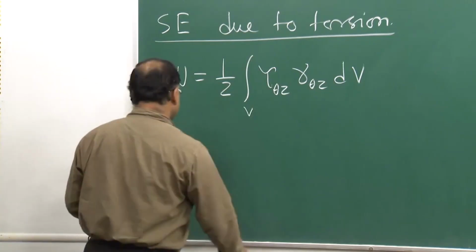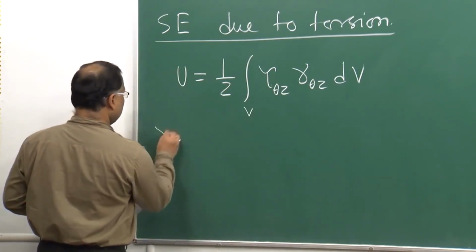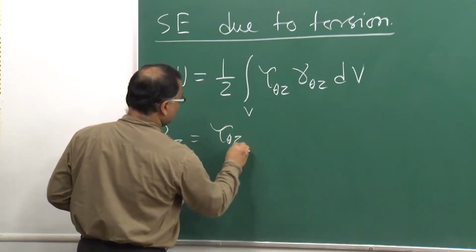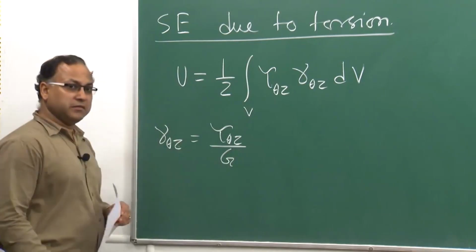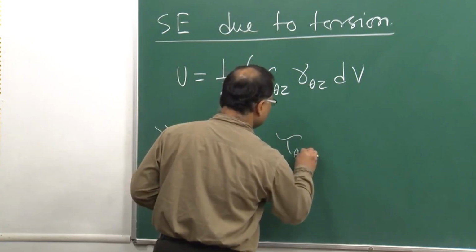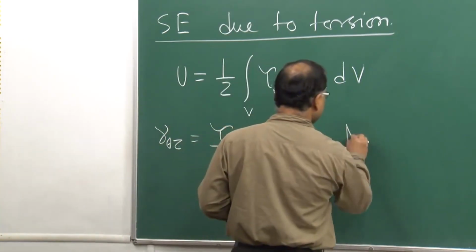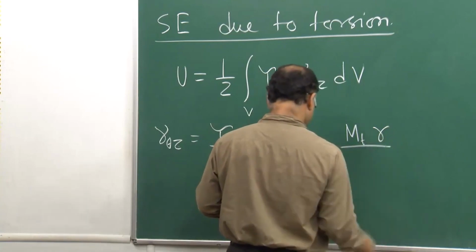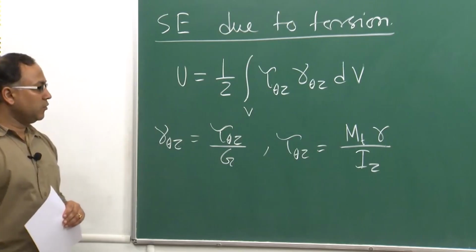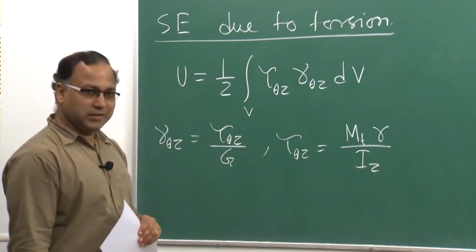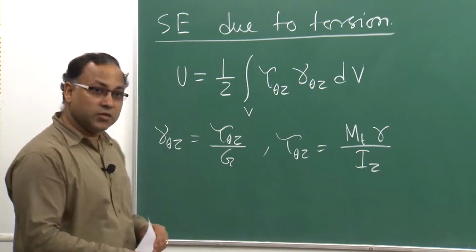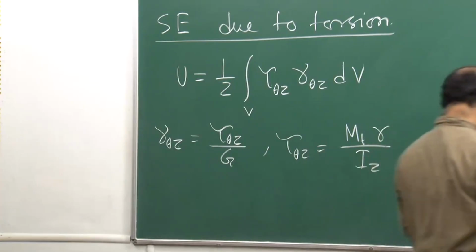Now, if you recall, gamma theta z can be written as tau theta z by G, where G is the shear modulus, and we know tau theta z is equal to Mt r by Iz, where Mt is the twisting moment, r is the radius, and Iz is the polar moment of inertia. Already we have derived all those things. So, now we will put that into this equation.